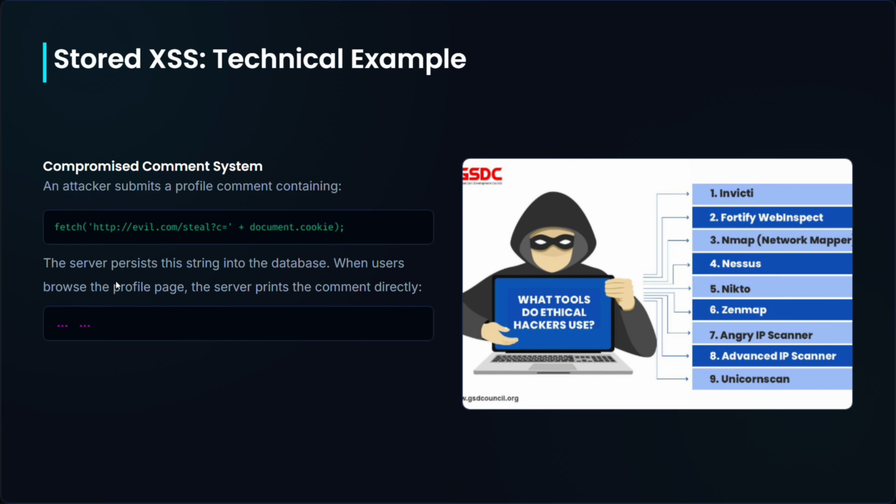The server persists this string into the database. When users browse the profile page, the server prints the comment directly, and he gets back all the cookies used by the profiles that are visiting that comment section.